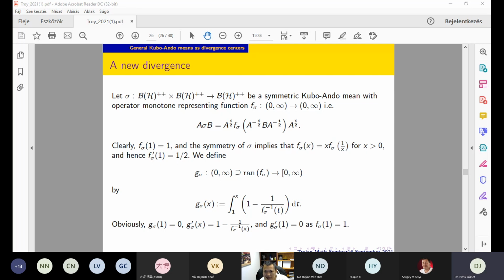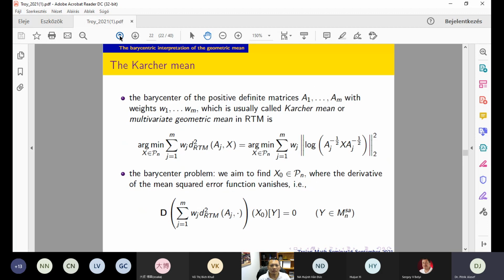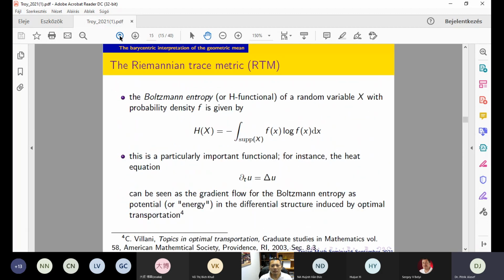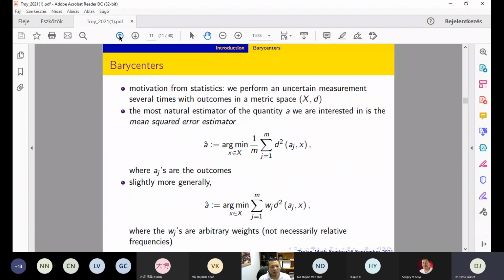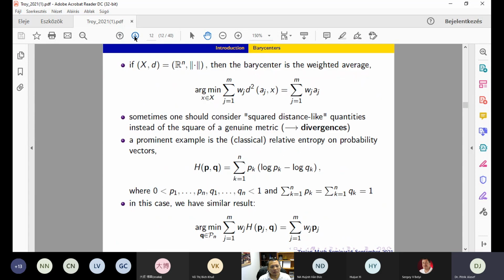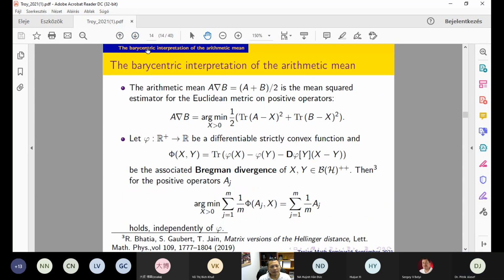In general, when we have any divergence, finding the barycenter is a hard problem. I have shown 3 examples. When we choose the Euclidean metric, the barycenter is the arithmetic mean.